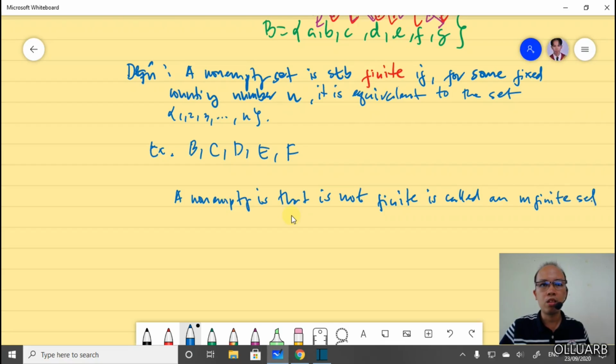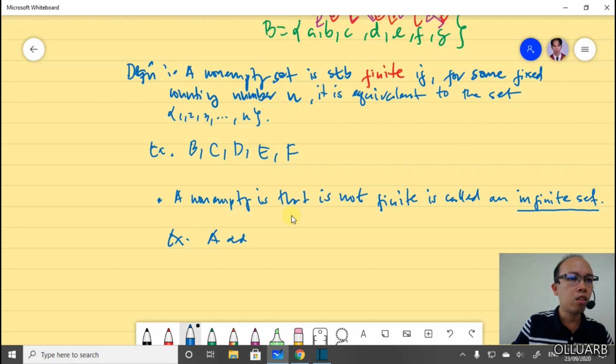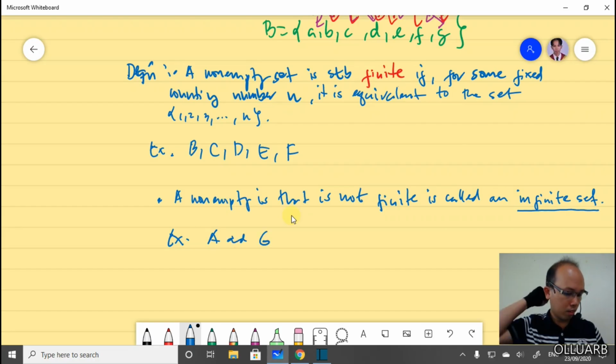Infinite set. So meaning to say, if you cannot list all the elements of the set, then that set is called an infinite set. Okay, so examples for this are the set A and the set G.